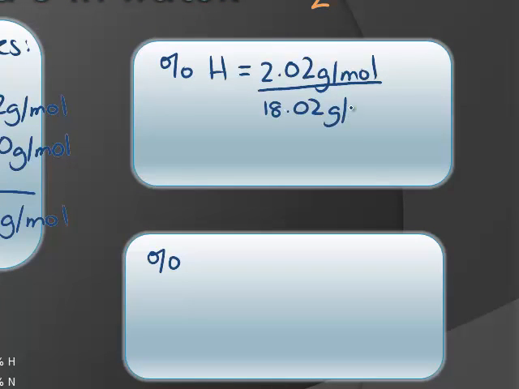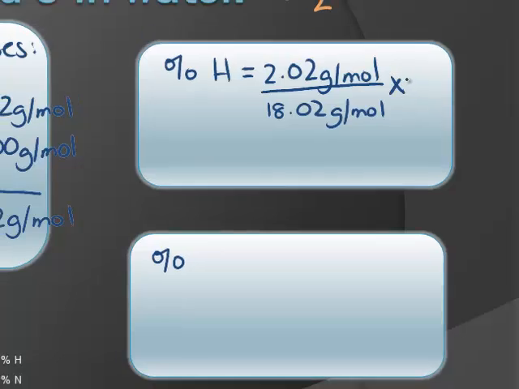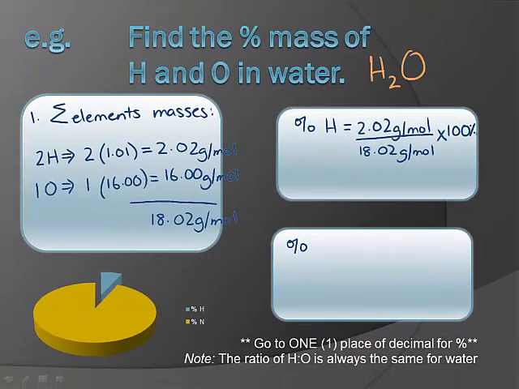That's our whole. And in order to change it into a value which is not a small decimal, we need to multiply that by 100. And that value gives us 11.2%.